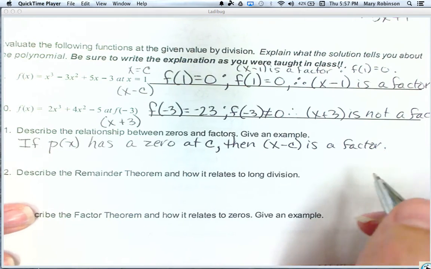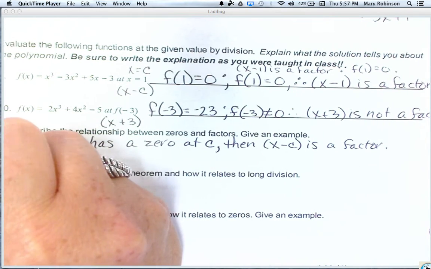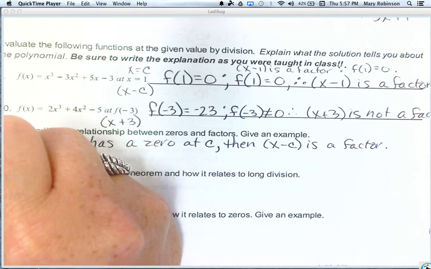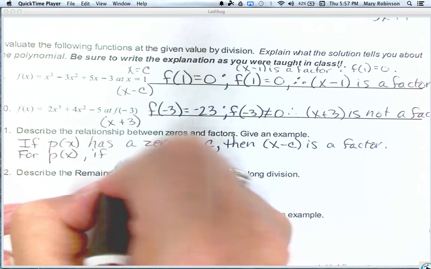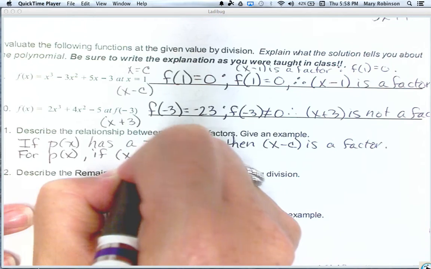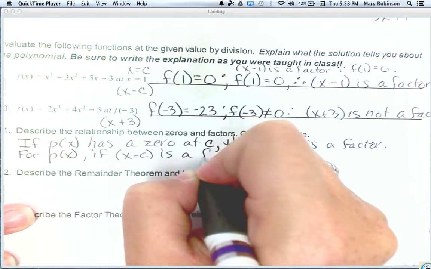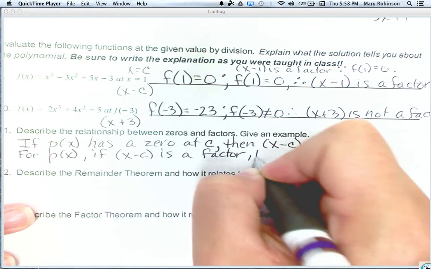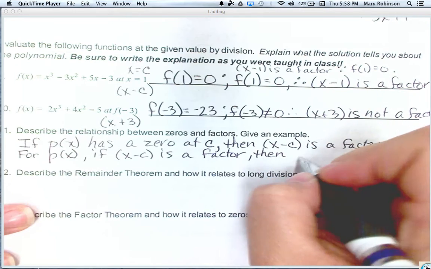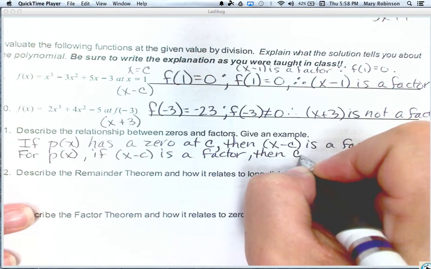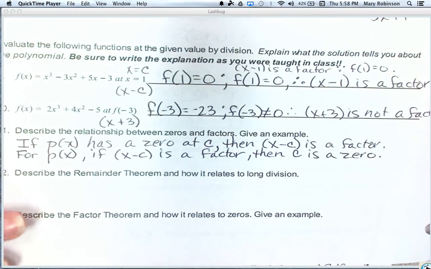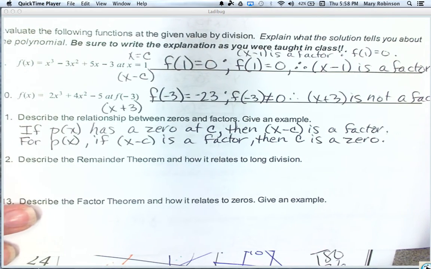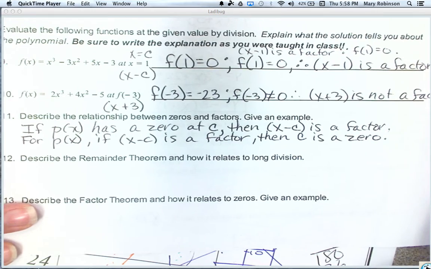But that goes both ways. Remember from the notes, we could say if for p of x, if x minus c is a factor, then c is a 0. So you're going to need both statements. Memorize it.